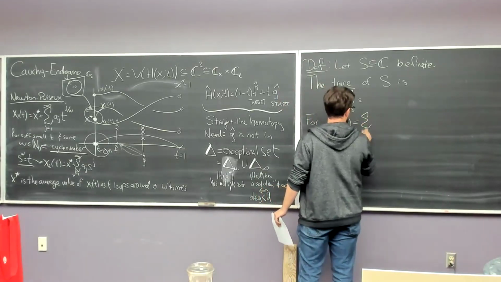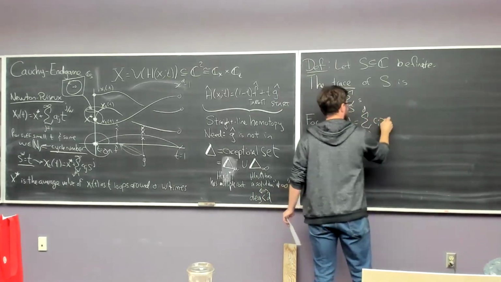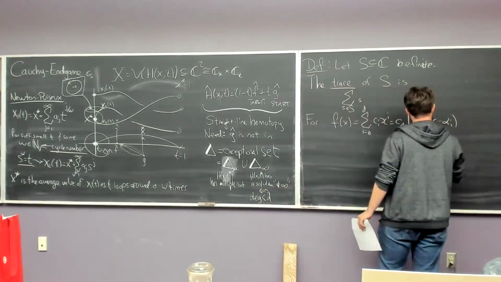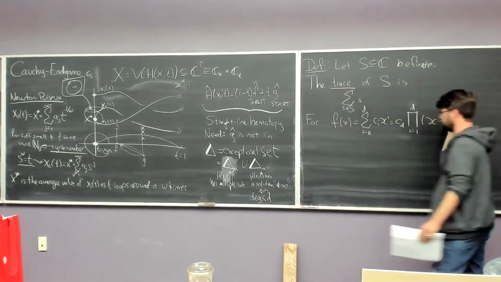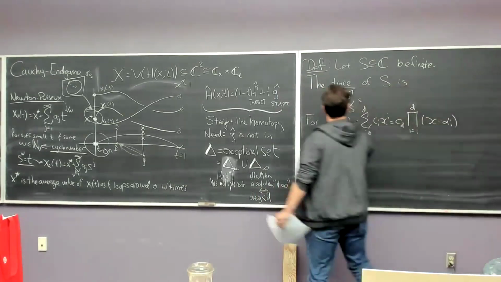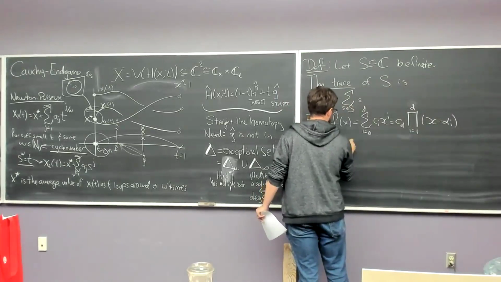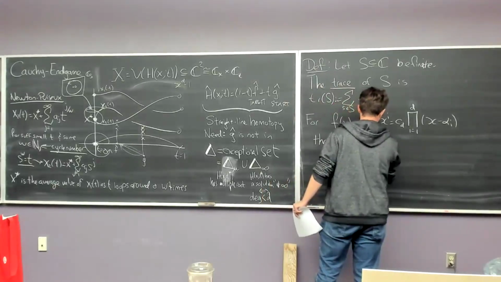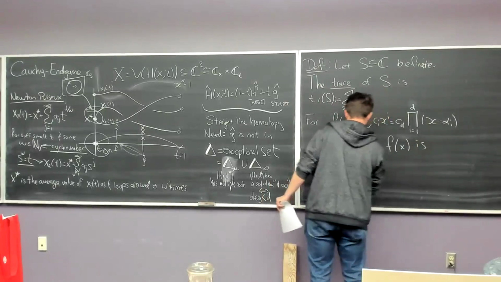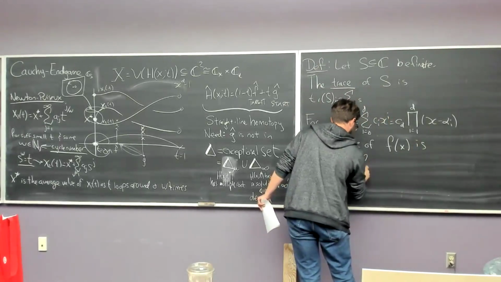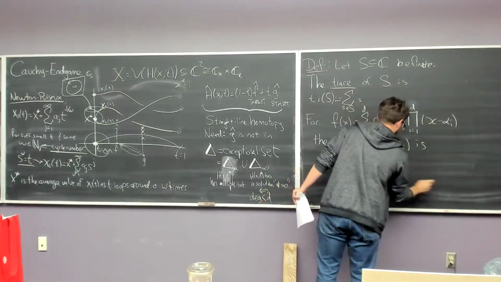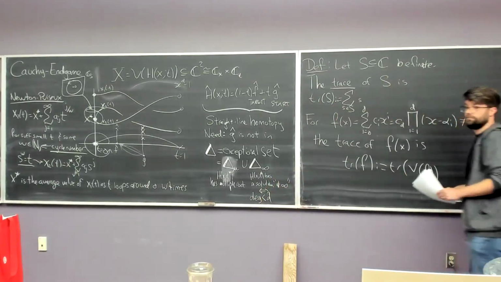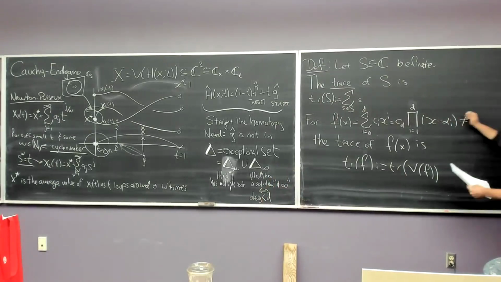If a polynomial, non-constant, has roots alpha i, possibly some of the alphas repeated, its trace is the trace of its solution set.